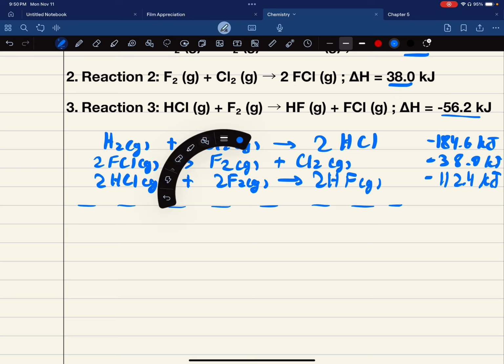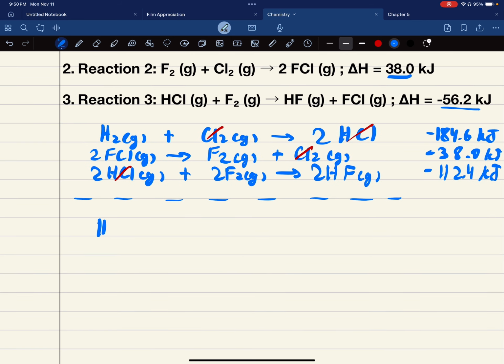And now we can cancel this out and see what we have remaining. Cl cancels out. HCl cancels out, and henceforth at the end, we are left with H2(g) plus 2F2(g) that gives us 2HF(g) plus F2(g).